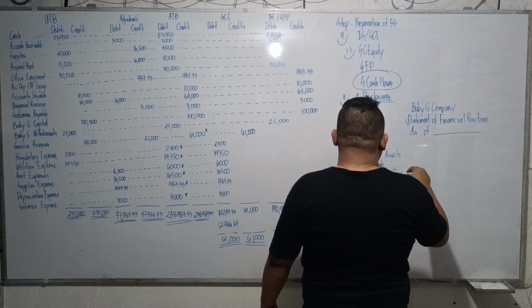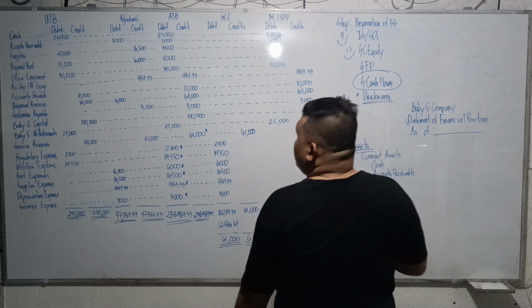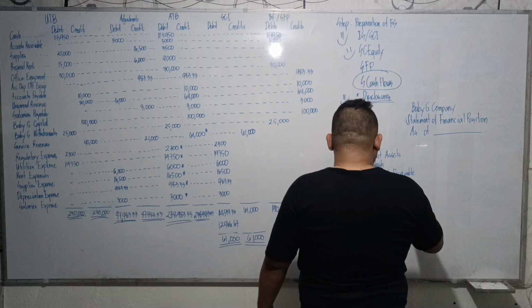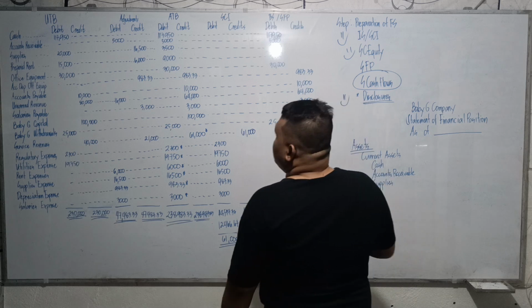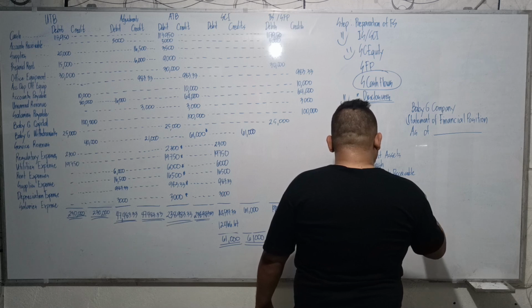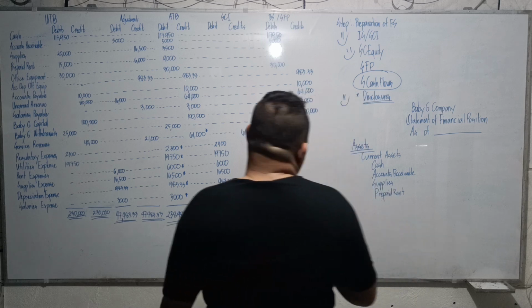So let's list all of them. And then we have the supplies. And then we have the prepaid rent. I guess that's the last one. Yeah, that's the last one.